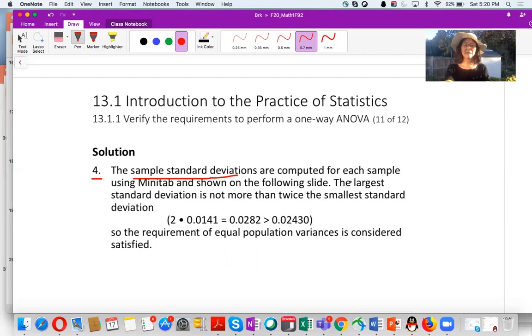Then we find that the largest standard deviation is not more than twice the smallest standard deviation. If this is the situation, that means the requirement of equal variance is satisfied.